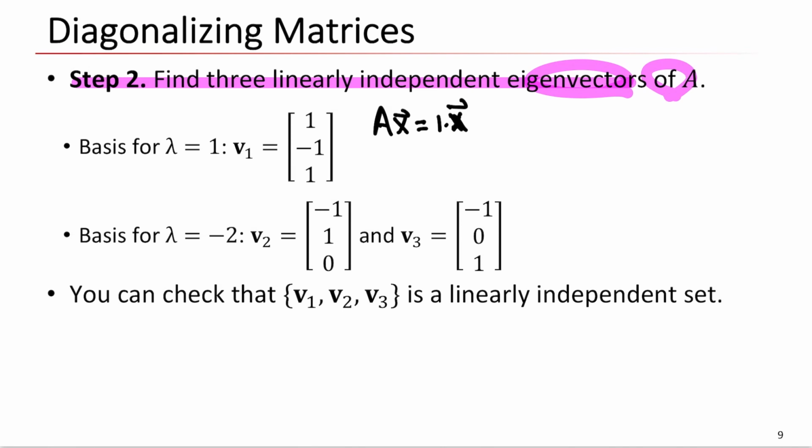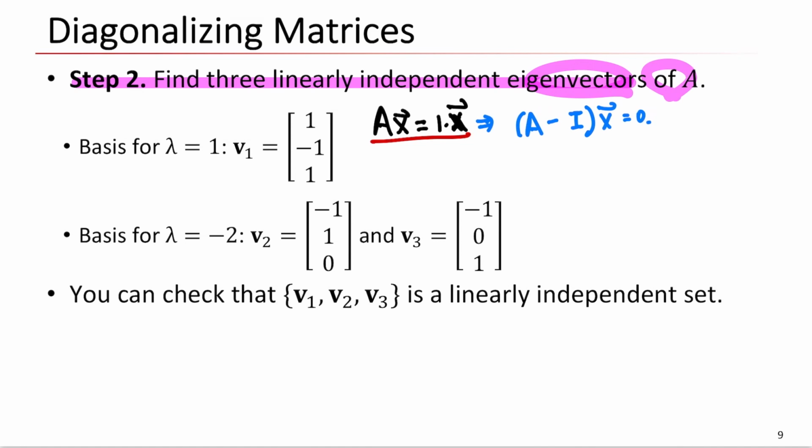So the eigenvector should satisfy this equation, right? So in other words, A minus just I, because lambda is equal to 1, right?